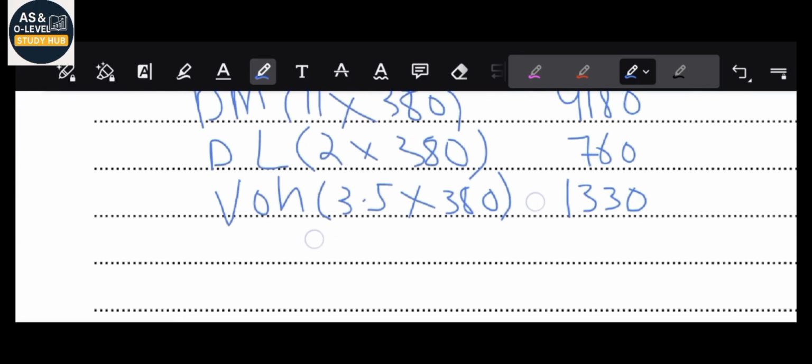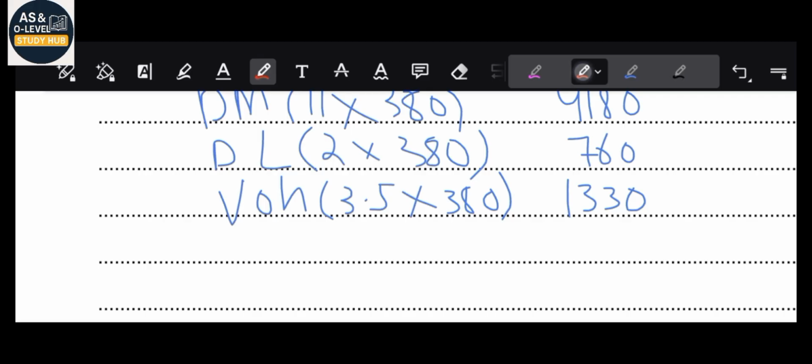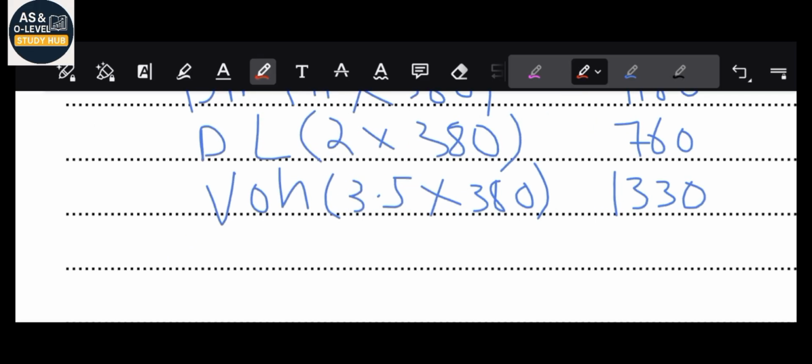Now we will write our closing inventory. Since we do not have opening inventory, it is opening inventory added, less closing inventory. So we will do less closing inventory. Now what is the rate of this?